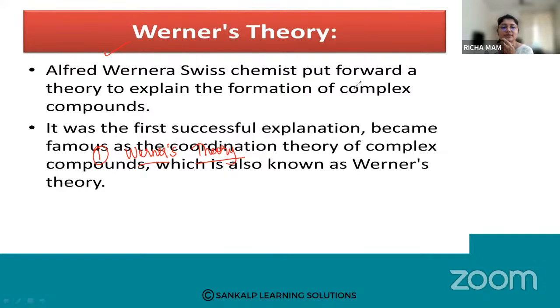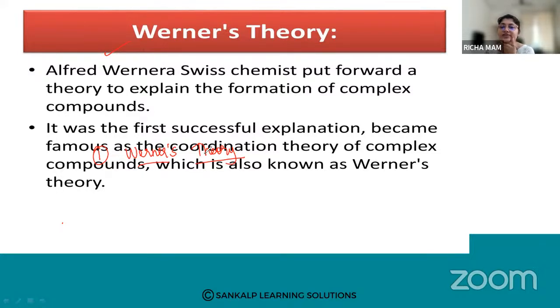How the complex compounds are formed was explained by this theory. It was the first successful explanation, with his postulates and his ideas, and it became famous as the coordination theory of complex compounds.